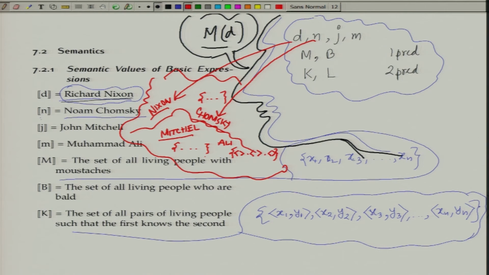If the individuals are there, sets are different arrangements, different groupings of those individuals. So precisely you could have this reality: this is Richard Nixon, this is Noam Chomsky, this is John Michel, and this is Muhammad Ali.